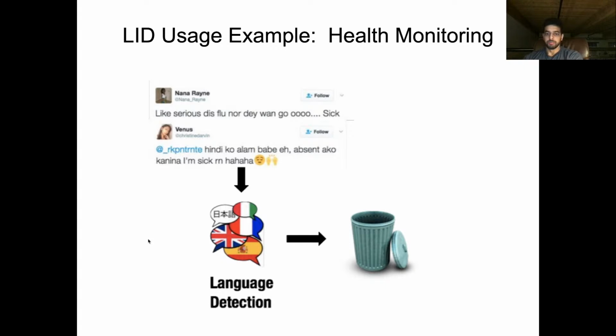So, since this is a component early in the pipeline, if it fails, then you're just going to get complete garbage, and this is not going to be usable for particular languages. So we see in this case, we're doing some sort of code switching between multiple different languages, which is, of course, challenging for these kinds of models, but is also very commonly observed on Twitter.